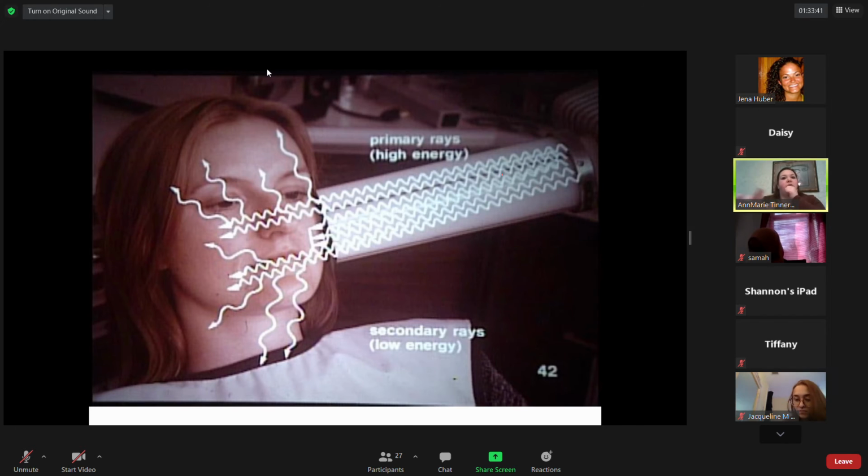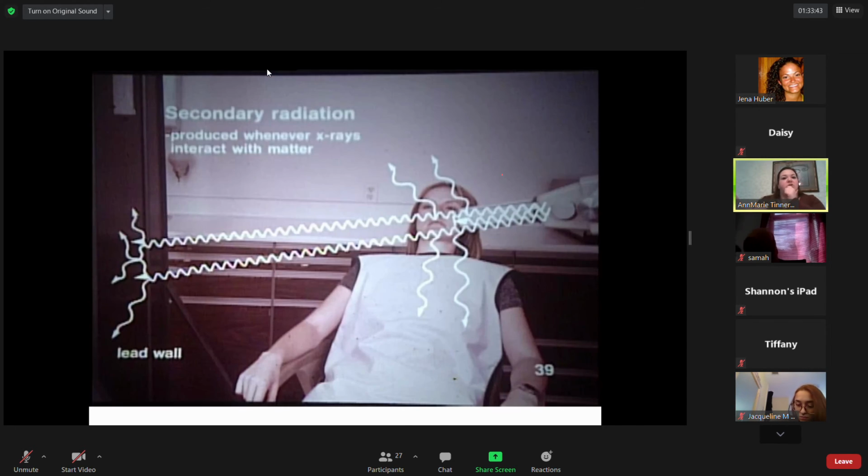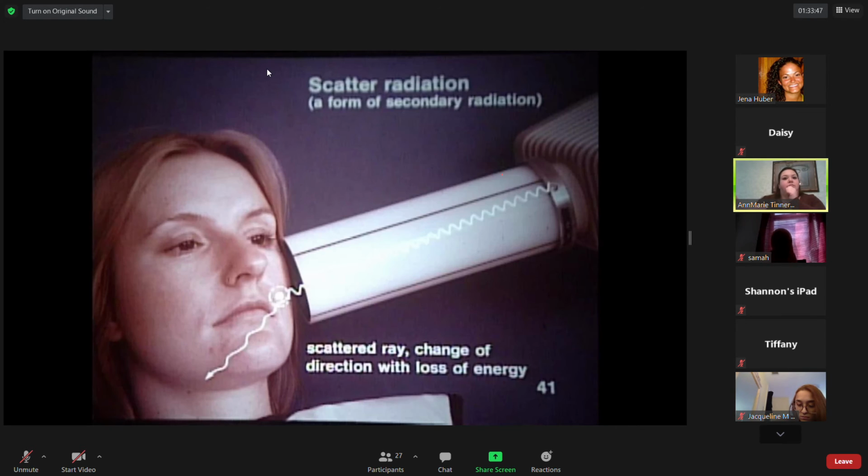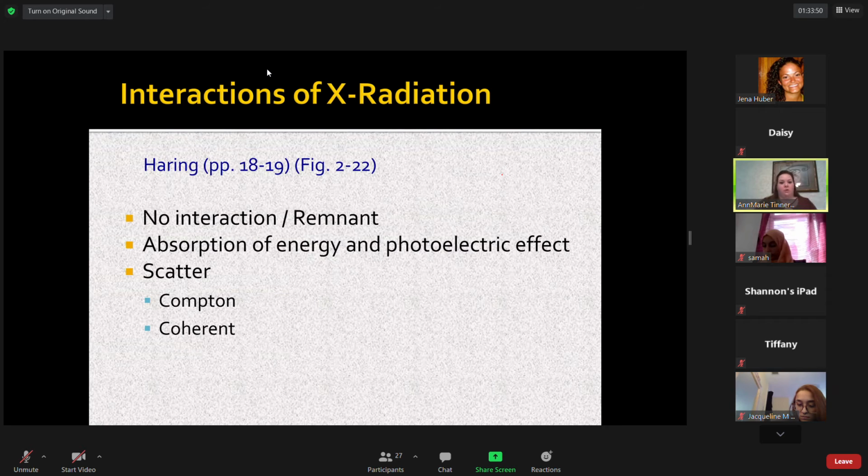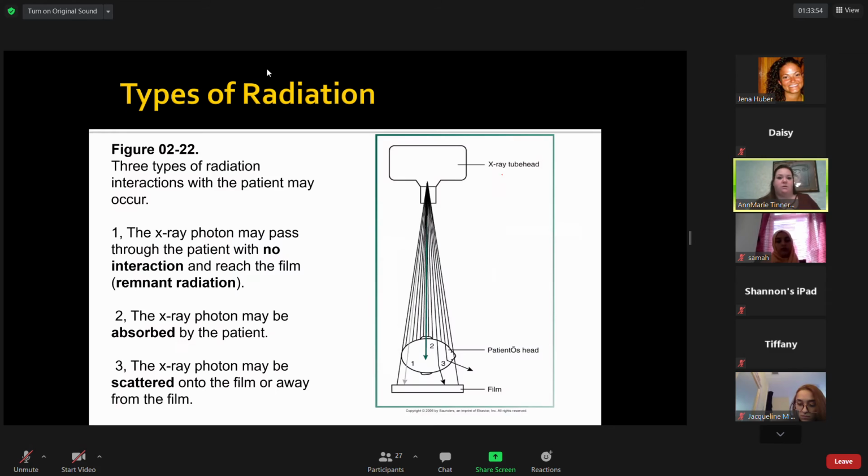Again, this is showing the secondary radiation. All right, so Compton and coherent. I'm just going to go through these pictures. These are taken directly from the book.